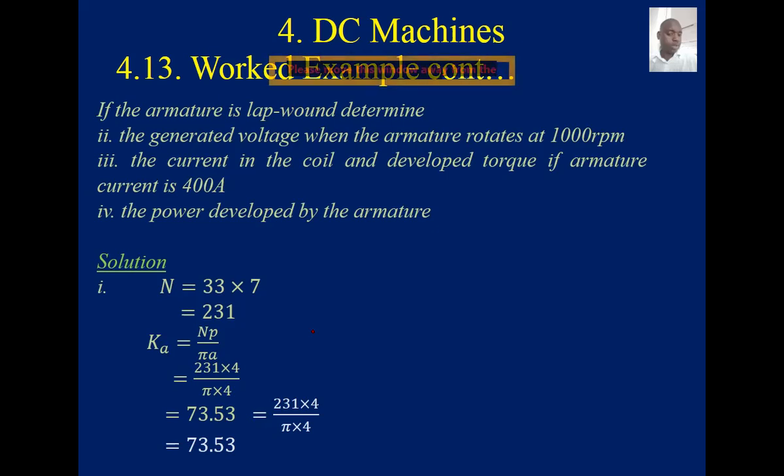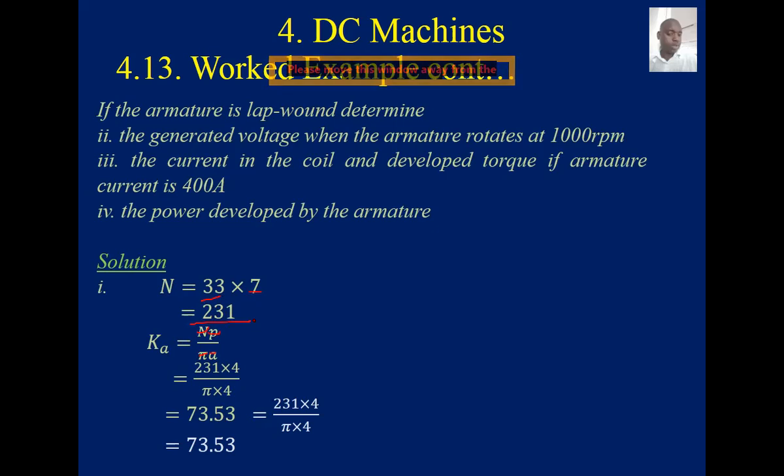In that case, we have 33 coils, each with 7 turns, so we have 231 turns, right? Then Ka, that's number of turns, number of poles, by A.